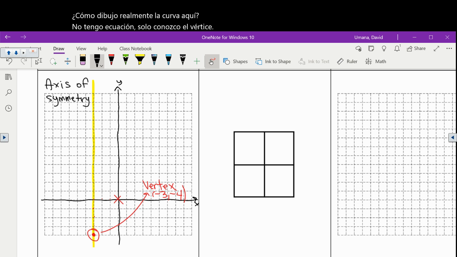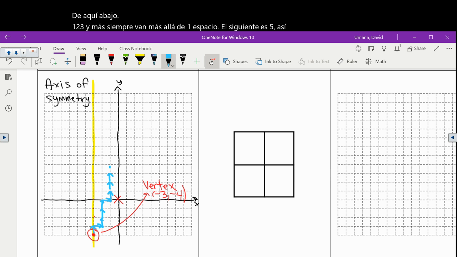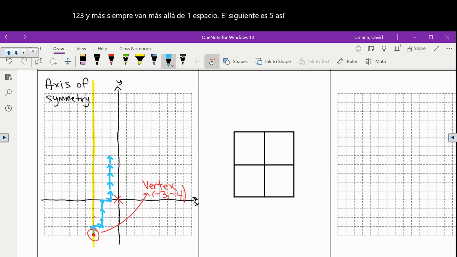I skip count, and my skip count goes back to being 1, 3, 5. So from down here, 1 and over. 1, 2, 3, and over. Always go over one space. The next one is 5. So 1, 2, 3, 4, 5, and over.